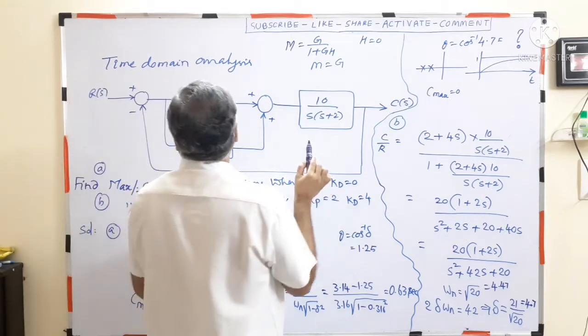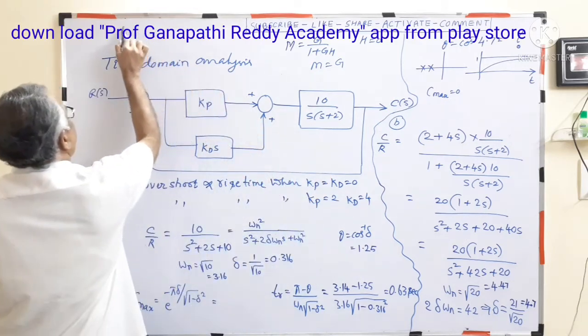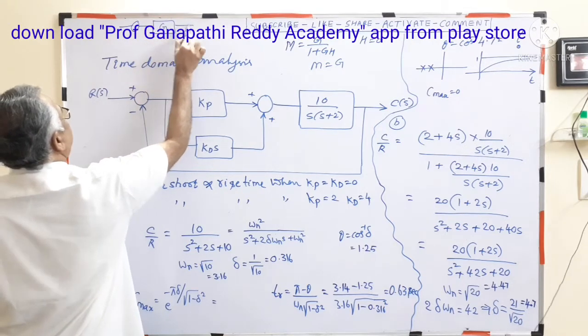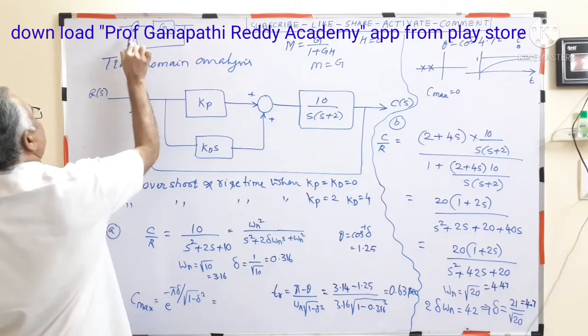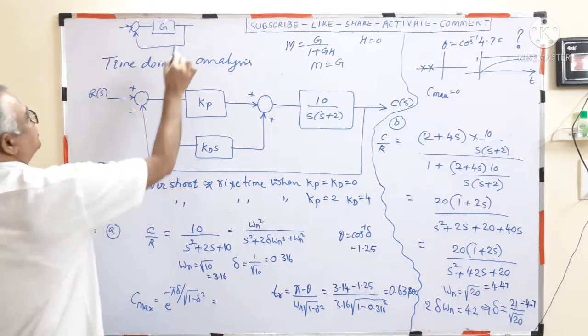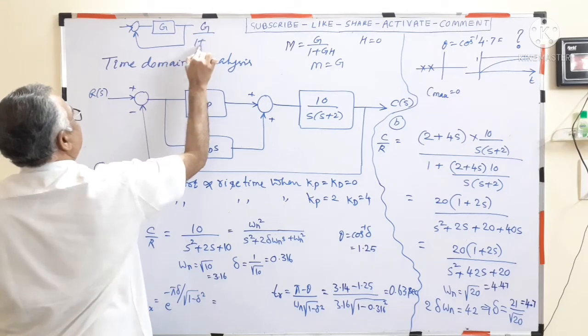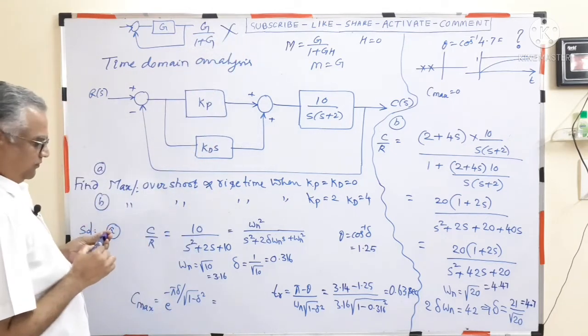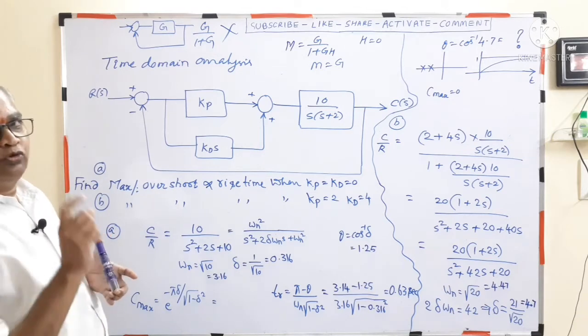If you think like that, this is G, h equal to 0 shorted, it looks like a unity feedback, no? Then you get G by 1 plus G, which is wrong. H0 means open circuit.